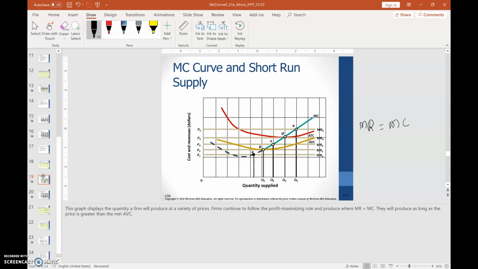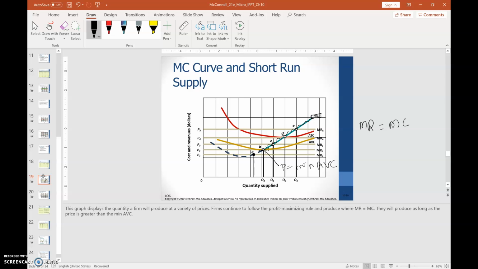I see the shutdown point here is point B, because at point B, price is equal to minimum average variable cost. So the supply curve will be this part of the marginal cost curve.